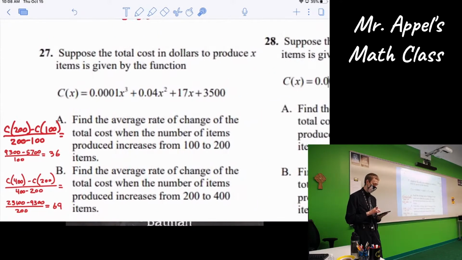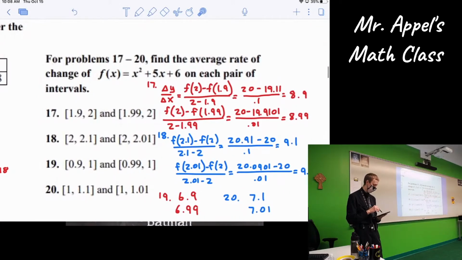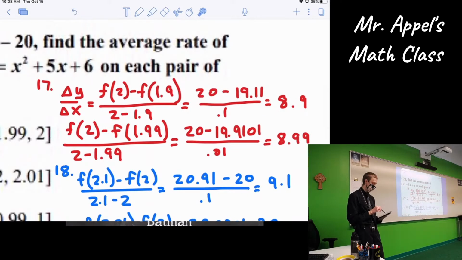All right, so go back to these ones, 17 through 20. Finding the average rate of change on an interval for this function. You good with that? Did you see how the formula works out? You find the function of the first number minus the function of the second number, and then you subtract those two numbers in the denominator.